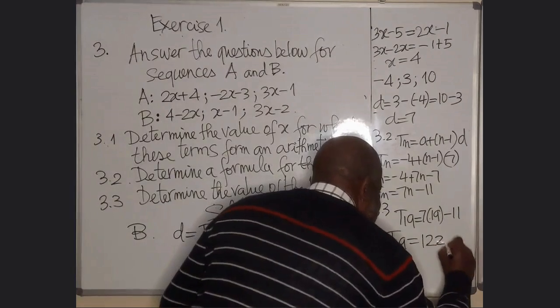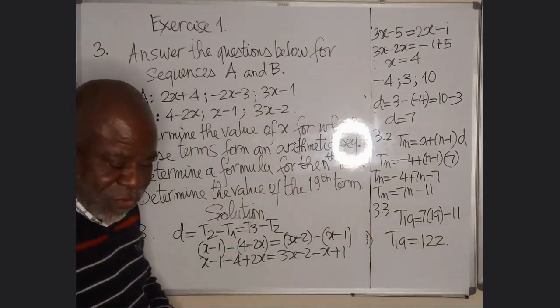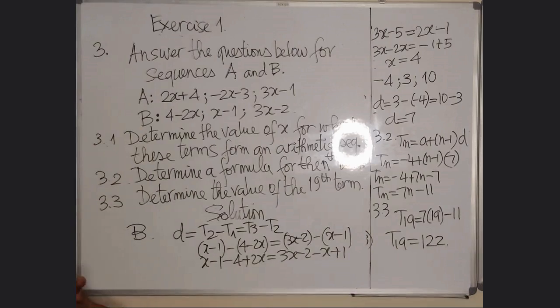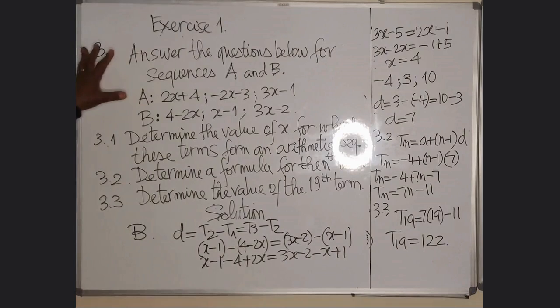So T19 is 122. We have practically covered this exercise number 1.